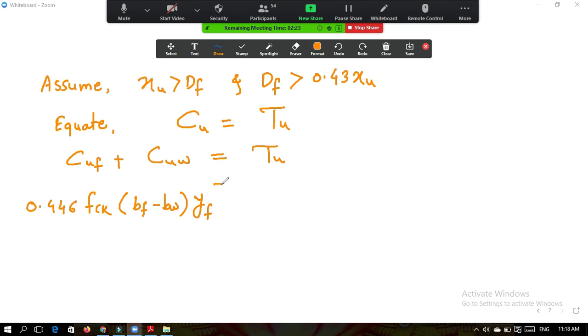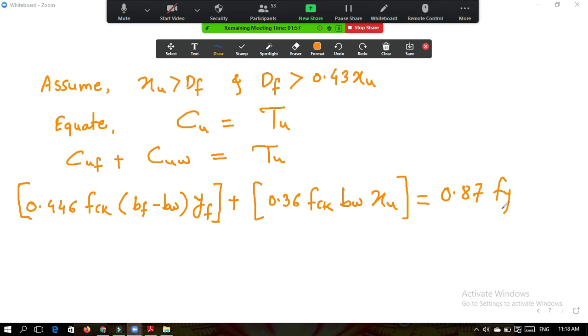This is for CUF, plus CUW is 0.36 FCK BW into XU, which is equal to 0.87 FY AS.